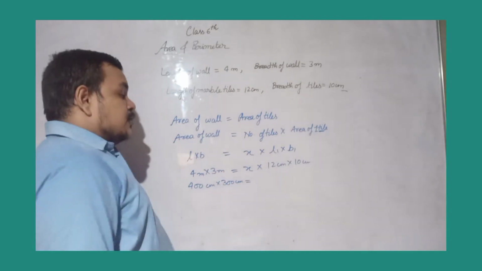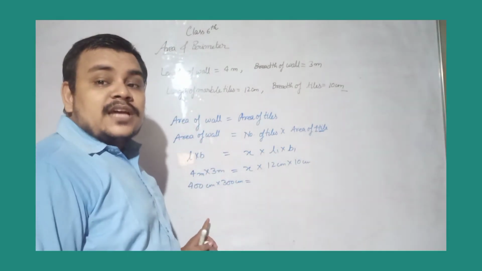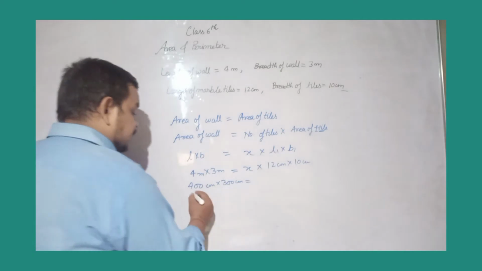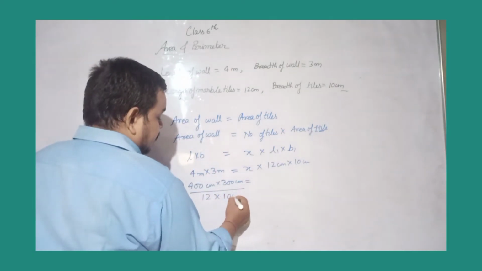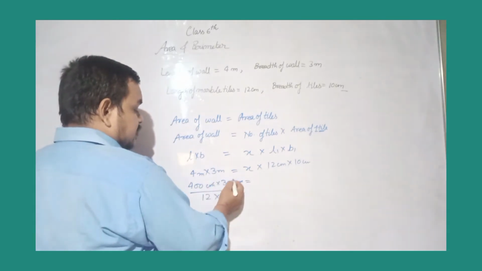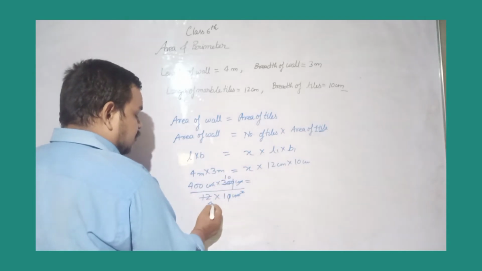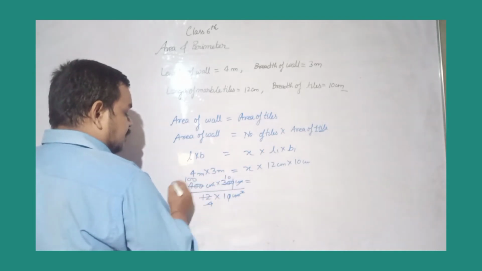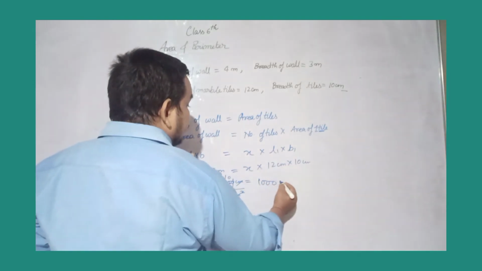And here 12 and 10 are multiplying, so when they transfer to the other side, they will do the work of division. So 12 multiplying with 10 centimeter square, and centimeter square is divided by centimeter square. 0 divided by 0. 3 10s are 30. 3 4s are 12. 400 is 400. So it became 1000 tiles.